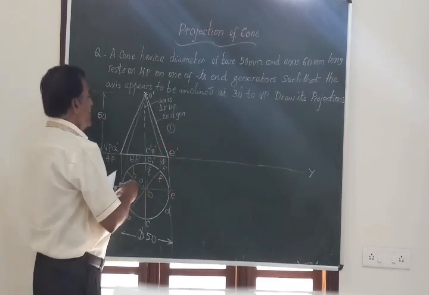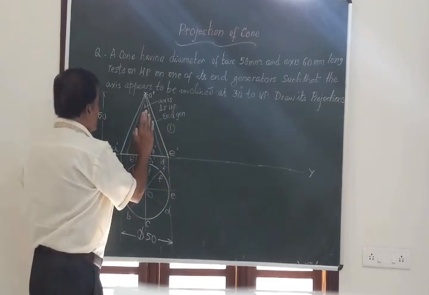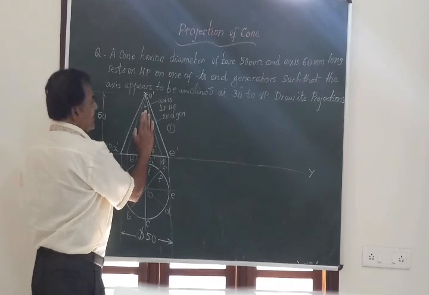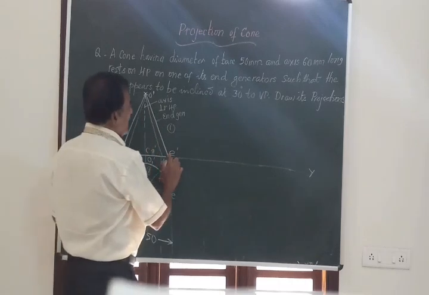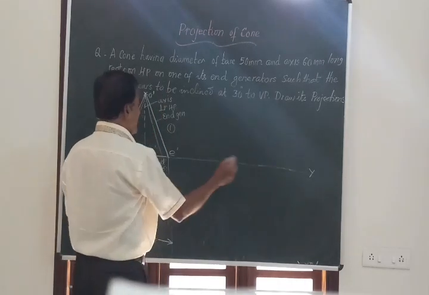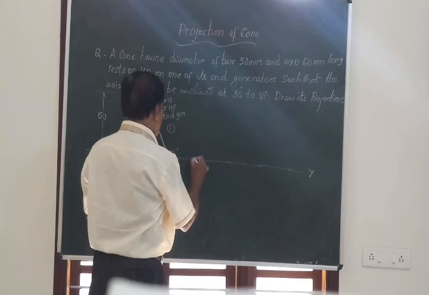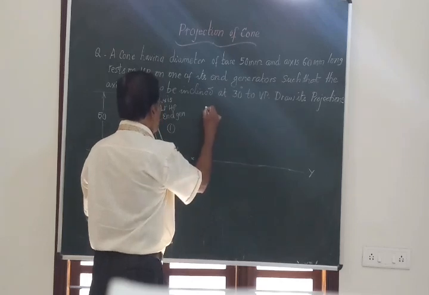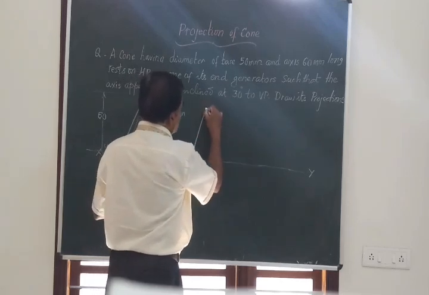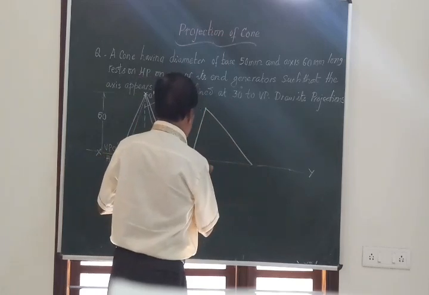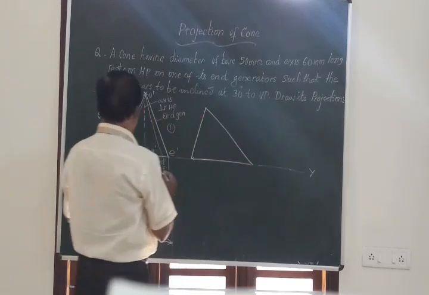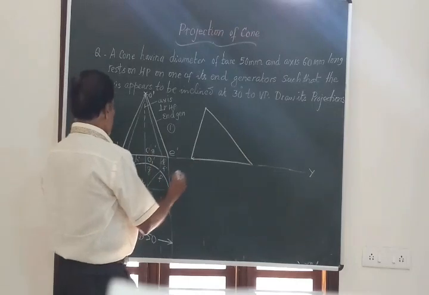In the second position, I am going to redraw this triangle O dash A dash E dash with O dash E dash resting on the XY line. The triangle I have constructed here is very simple. How to get this triangle?